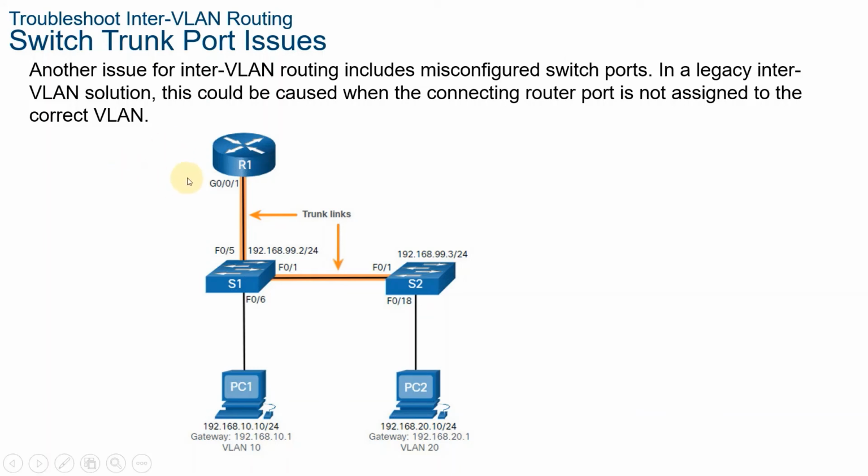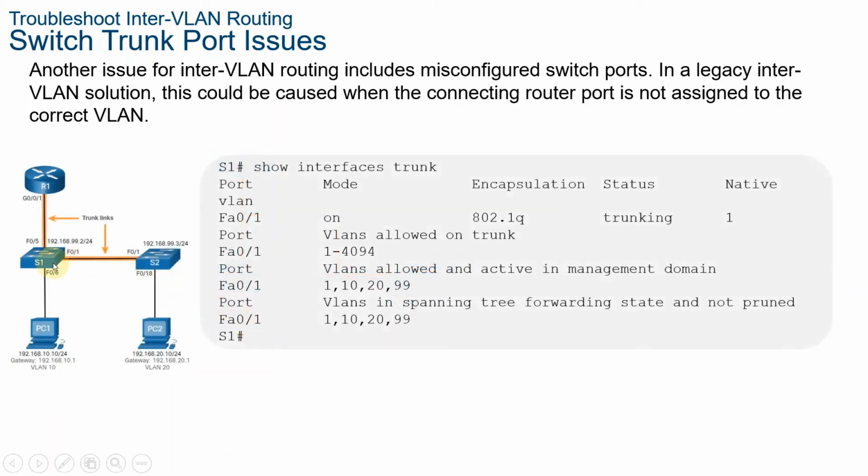For example, assume PC1 here was able to connect to hosts in other VLANs until recently. A quick look at the maintenance logs revealed that the S1 Layer 2 switch was recently accessed for routine maintenance. Therefore, you suspect the problem may be related to that switch.